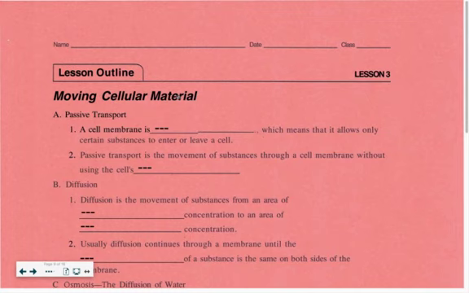The cell membrane is semi-permeable, which means that it allows only certain substances to enter or leave a cell.